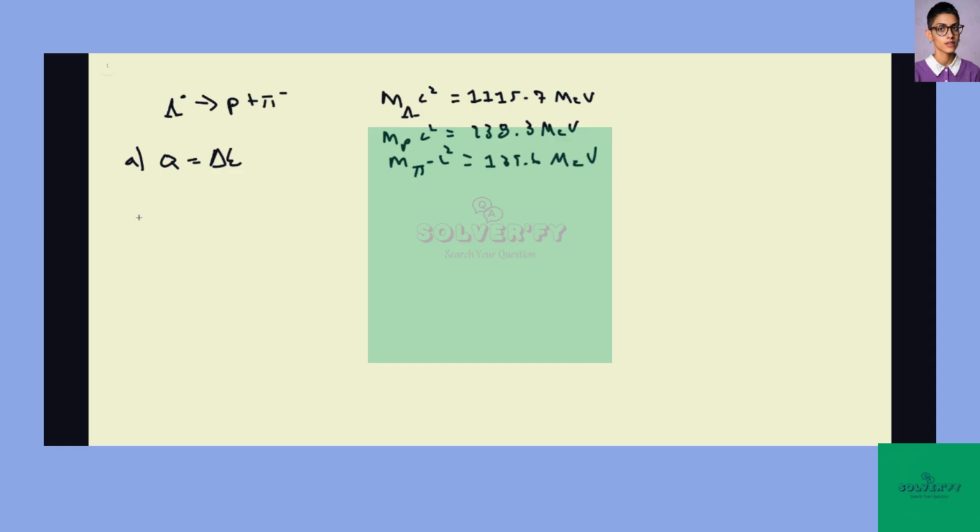All right, so we can just plug those in. So delta E is equal to the mass energy of the starting particle minus the total mass energy of the final particles, m proton c squared plus m pi meson c squared.